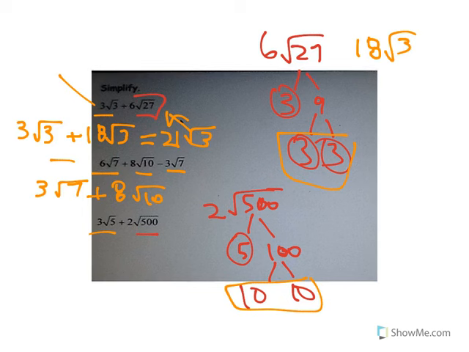So 10, pull that out, times the 2, it's going to be 20. It's going to be times radical, I still have that 5 to deal with. So this is going to be now 3 radical 5 plus 20 radical 5, which is equal to 23 radical 5.